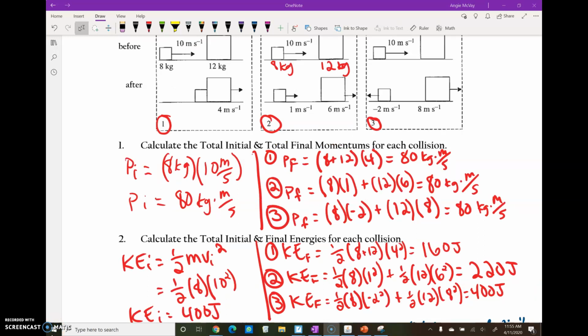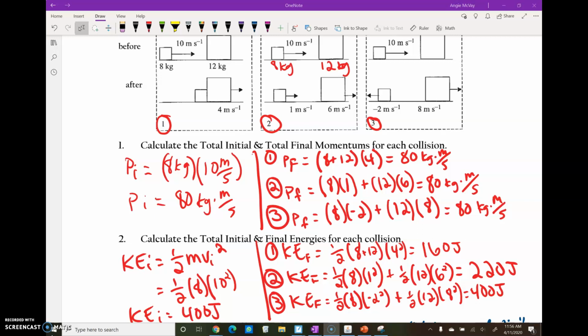I just worked these out, and this is what I got. For the initial momentum in each scenario, we had the 8 kilogram mass starting out going 10 meters per second. The 12 kilogram mass didn't have any velocity, so it didn't have any momentum. So the initial momentum of the system is just 80 kilograms times meters per second.